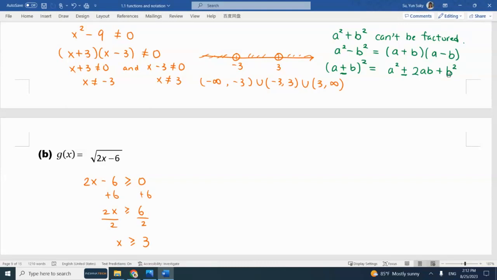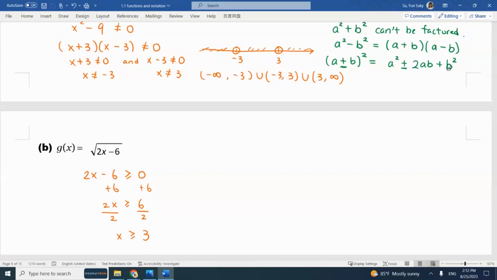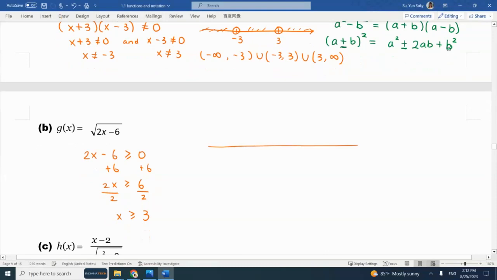So this is good. And you want to draw it on the real number line. So 3 is here. Do we include the 3? Yes, greater than or equal. So we include the 3. Open circle or solid circle? Solid. Okay, left or right? Right. Yay.